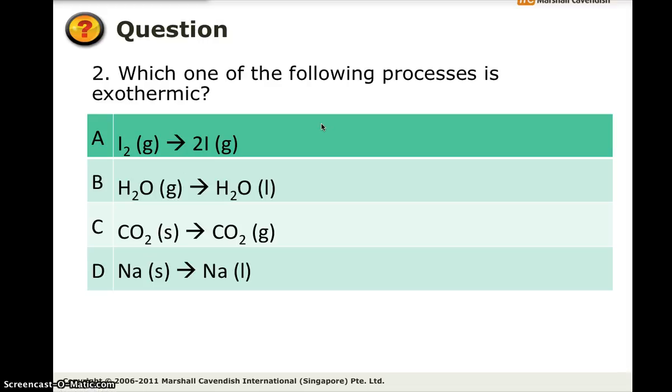Which one of the following processes is exothermic? The answer is B, because you go from the gaseous state to the liquid state, so this is condensation. Condensation is an exothermic process.